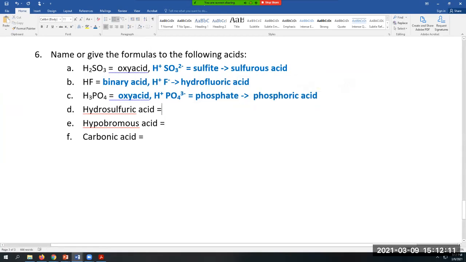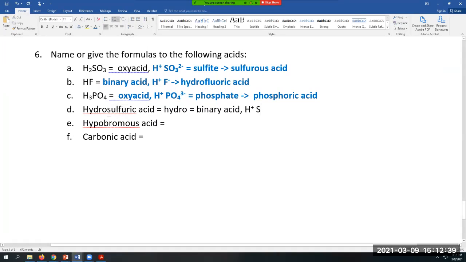Now we have names, and so we need to find the formula of hydrosulfuric acid. So the hydro here tells you it's a binary acid. Binary acid means it's just H plus and then one nonmetal. And the root sulfur here tells you it's S, right?